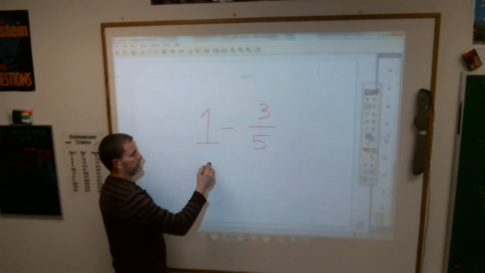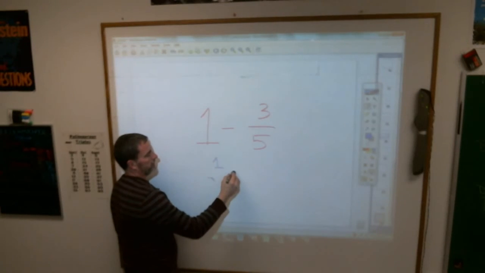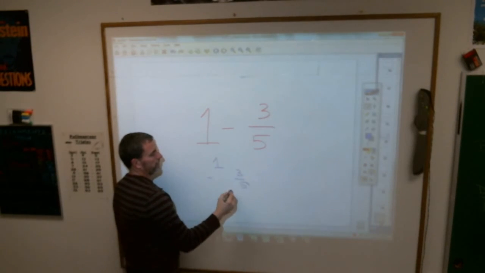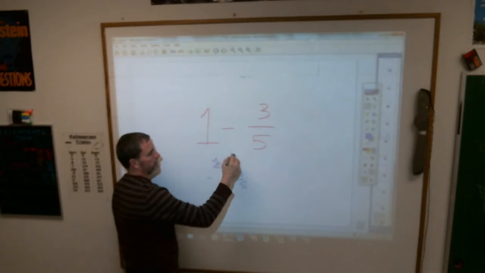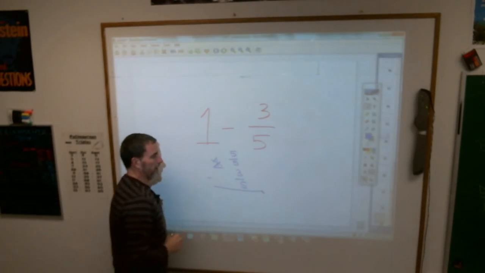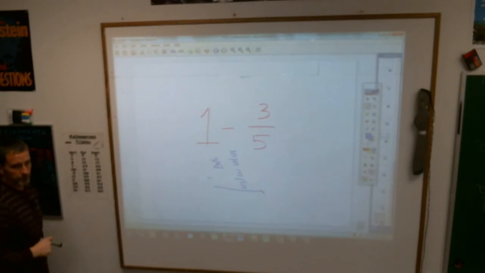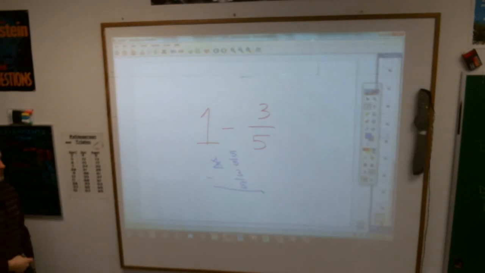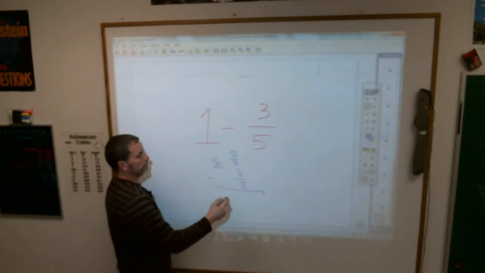Hopefully on your paper it looks something like this. 1 minus 3/5. Cross off the 1. This should be 5/5. And when you take 3/5 from 5/5, Connor? 2/5.